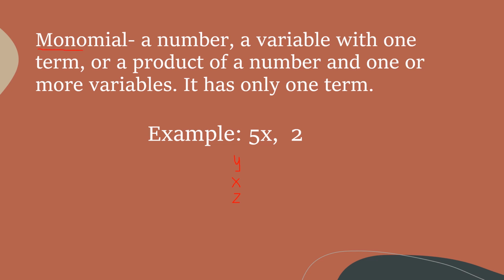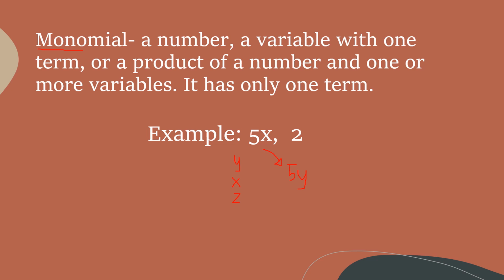Mono means 1. So sa madaling sabi po, pag siya is one term lang siya, nag-iisa lang siya, then it is a monomial. Or if hindi man siya nag-iisa, kung meron man siyang kasama na number, just like this, 5y, meaning we are multiplying this number 5 to the variable y.